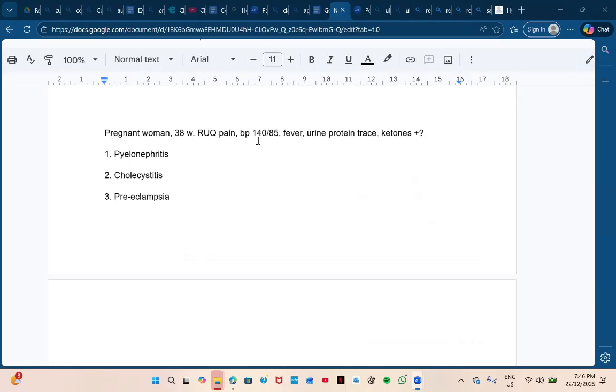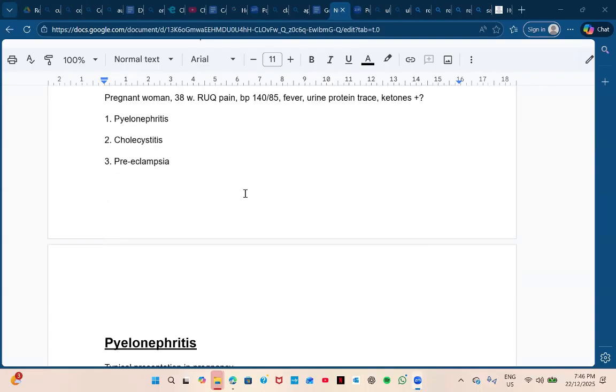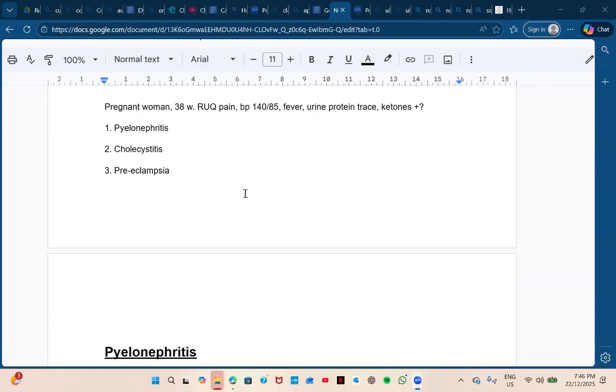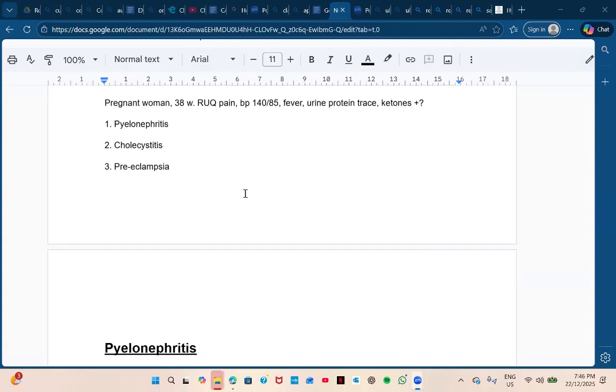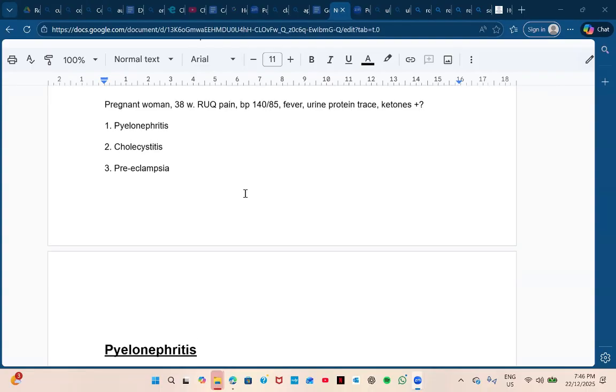In the exam, you will get proper questions on preeclampsia and cholecystitis. We already discussed the pregnant case with cholecystitis treatment. So, what is the treatment for acute cholecystitis during pregnancy? Who can tell me?